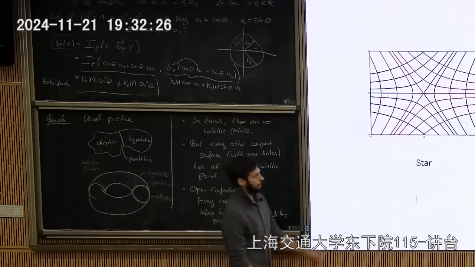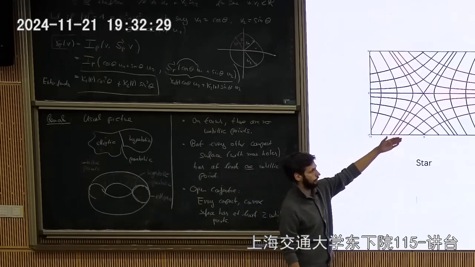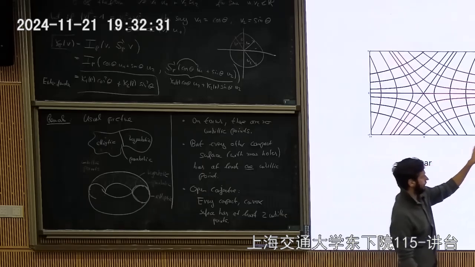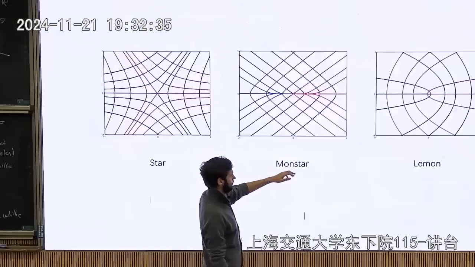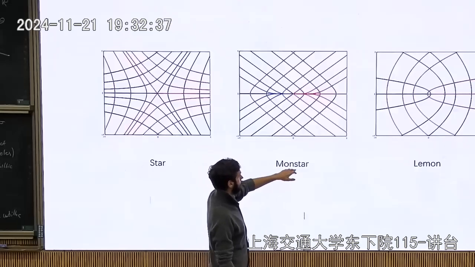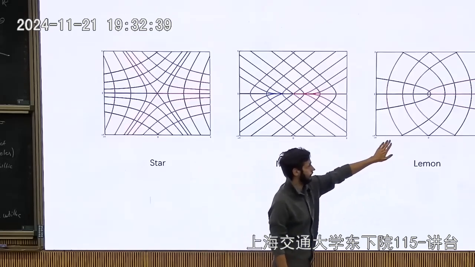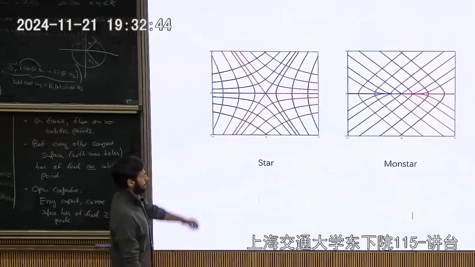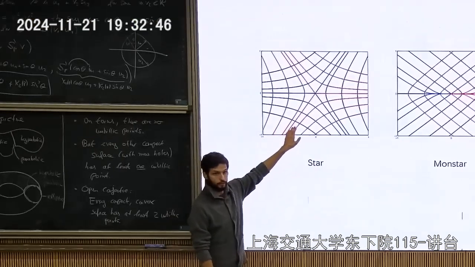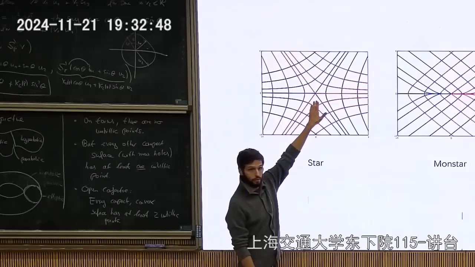And you can classify them into three different classes, and these are called the star, the monstar, and some also count the lemon. The star makes sense because you see from the pattern that it looks like a star.